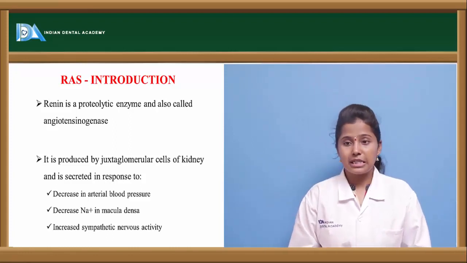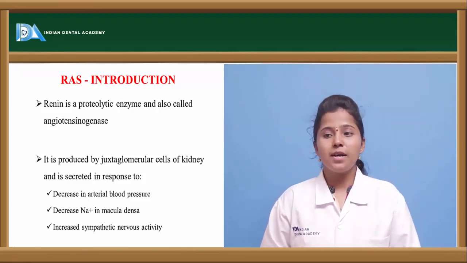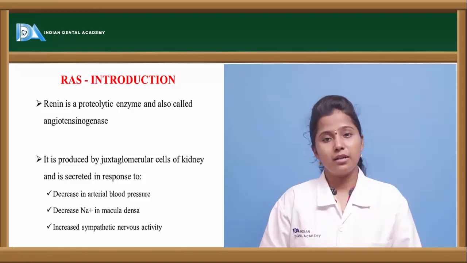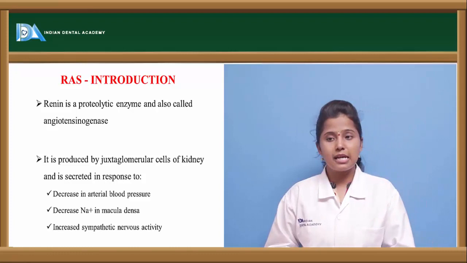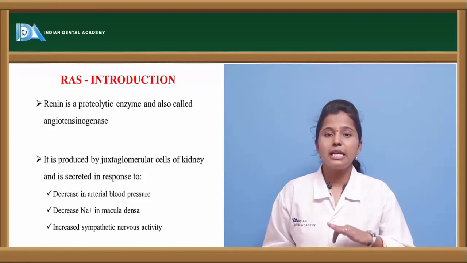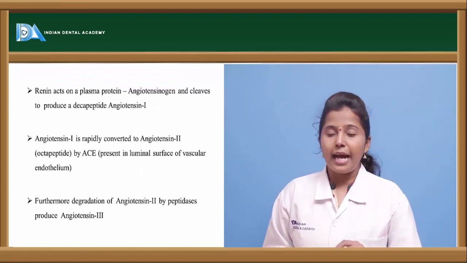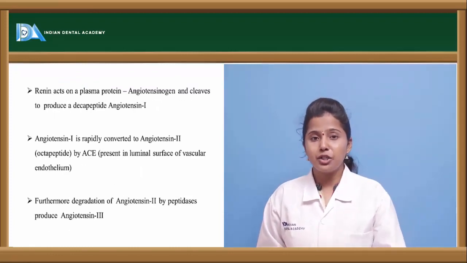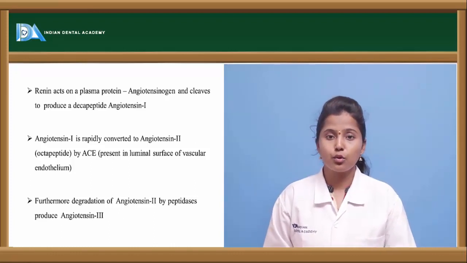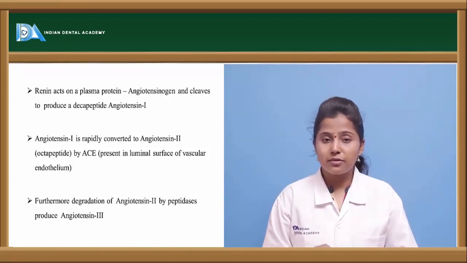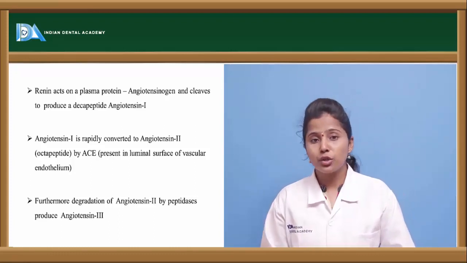If there is decreased arterial blood pressure, renin is released; if there are decreased sodium levels, renin is released; and with increased sympathetic nervous system activity as well. In these three conditions, renin is released into the body in excess amount. Renin is a plasma protein and it allows angiotensinogen to get converted. When angiotensinogen is released from the liver, renin converts it to angiotensin 1.